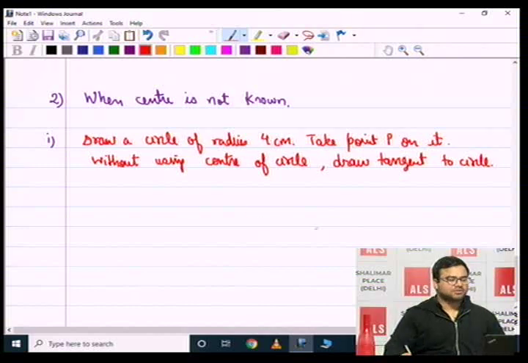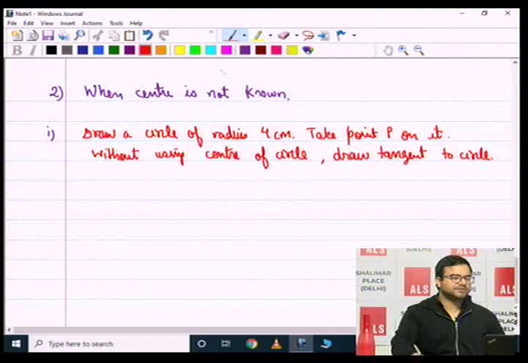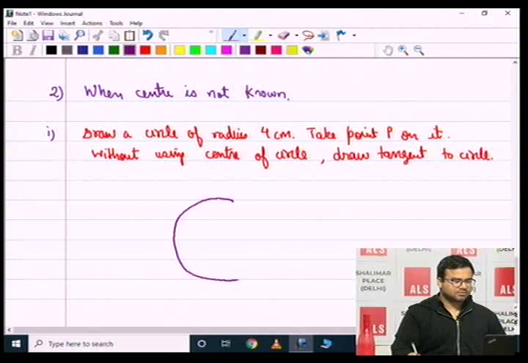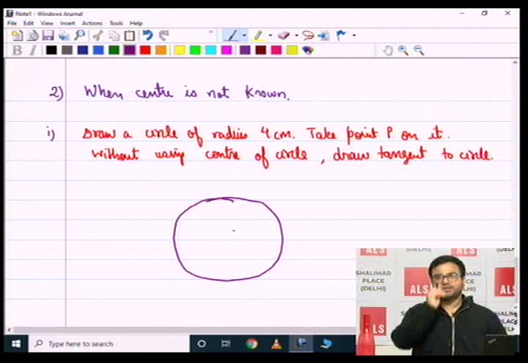Okay. So first step, as you all know, we have to draw the circle having radius 4 centimeter. So let us draw. All of you draw the circle of radius 4 centimeter.